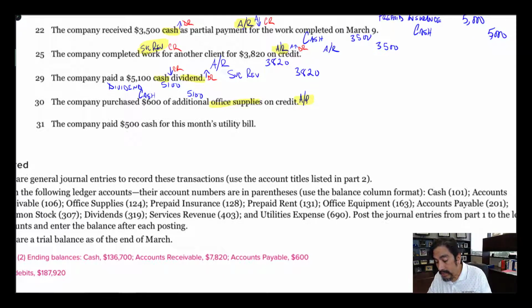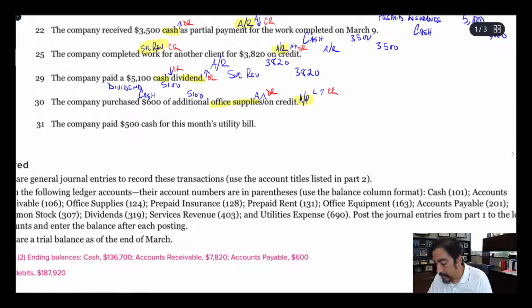We purchased office supplies, so office supplies has increased. Office supplies is an asset account. We increase asset accounts with a debit. Accounts payable is a liability account. We owe more money now because we've bought on credit, so we are increasing that liability account. We increase liability accounts with a credit.